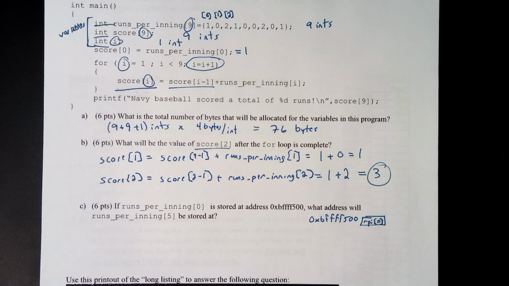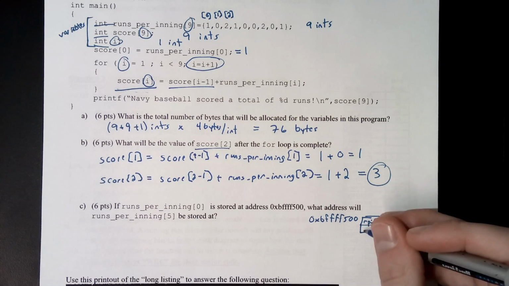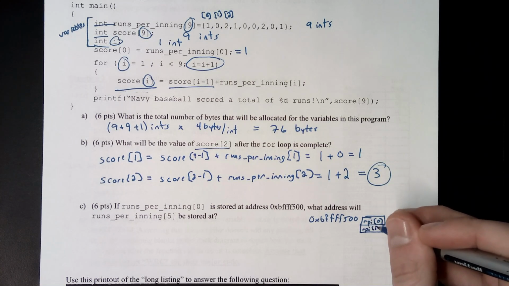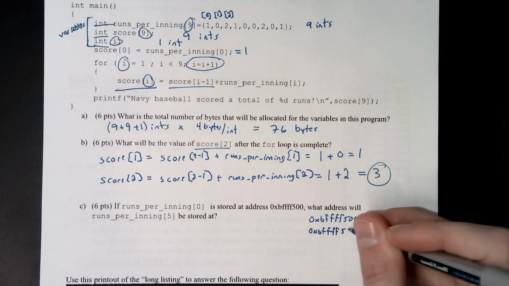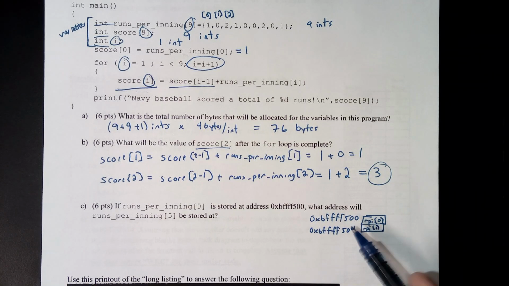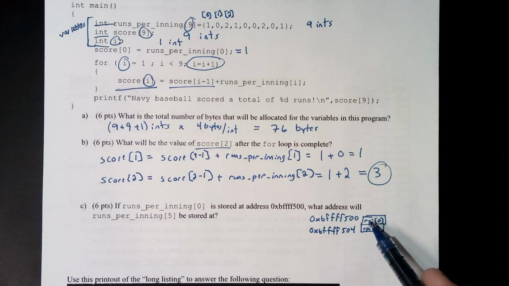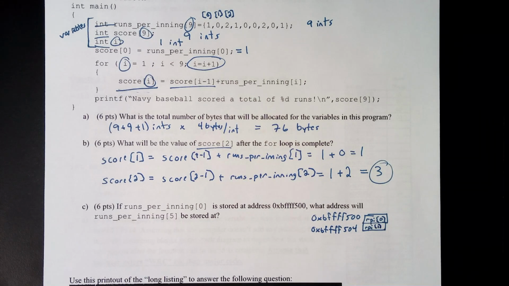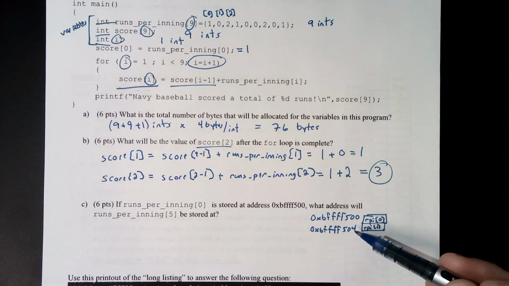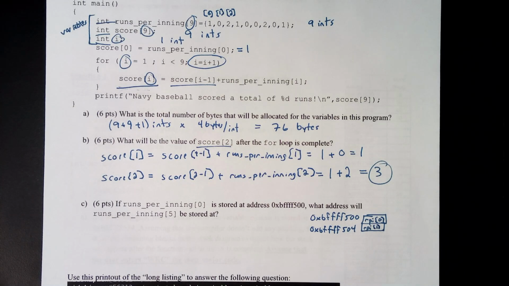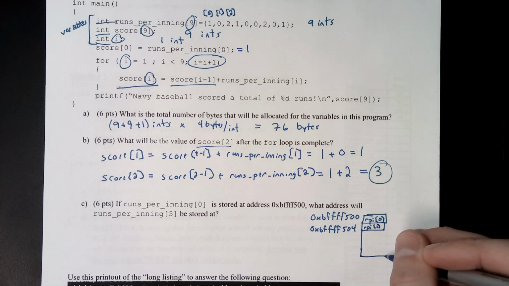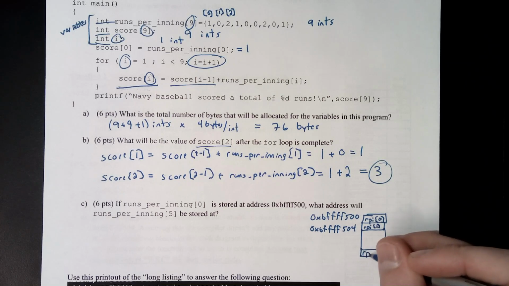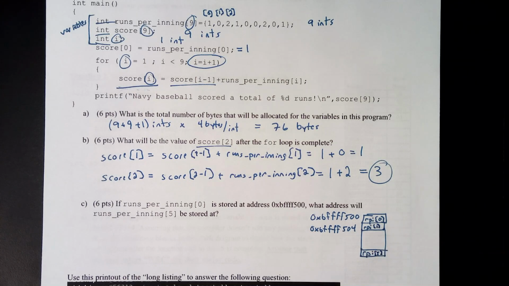If that takes up 4 bytes, then RPI at 1 is going to be at 0xBFFFF504, because we have to go 4 bytes from where our initial integer was. It takes up 4 bytes of space, so the next thing we can fit is 4 bytes later in memory. And then if we continue this down, we eventually get to where RPI at 5 would be in memory.